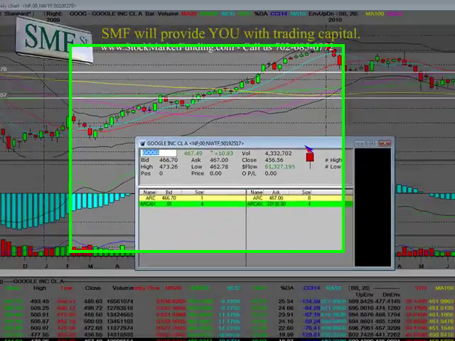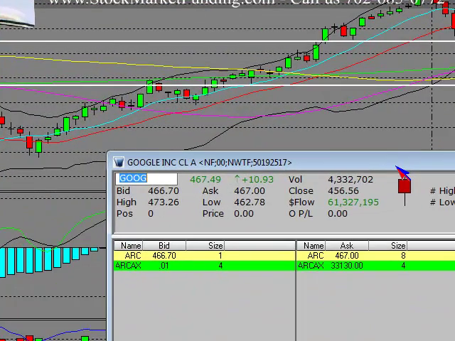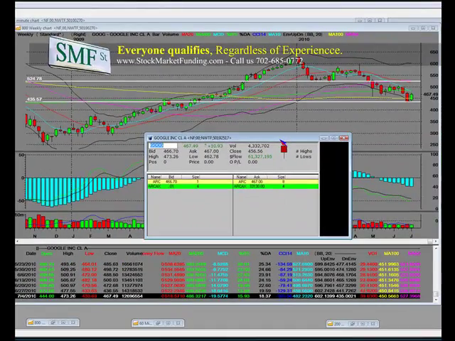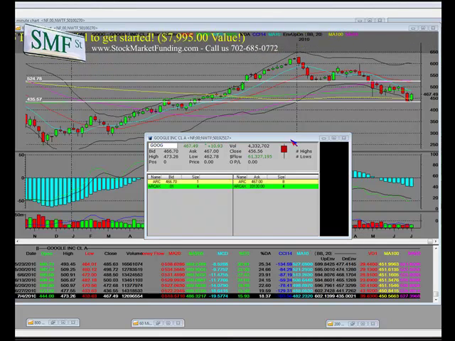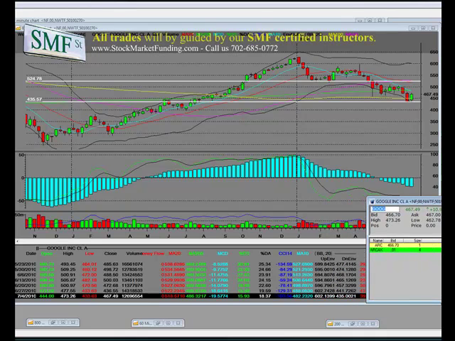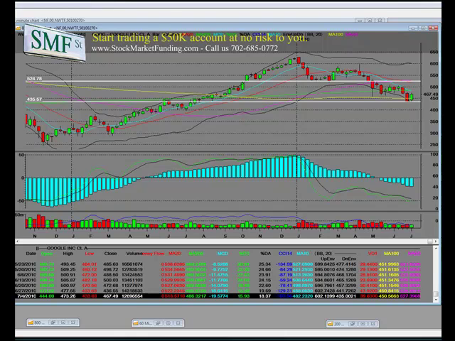Google reports earnings on July 15th once again, and what we're basically looking at is a weekly chart that SMF has designed its own system. As the public looks at standard chart applications and stock patterns and chart patterns, that's their way of doing things.